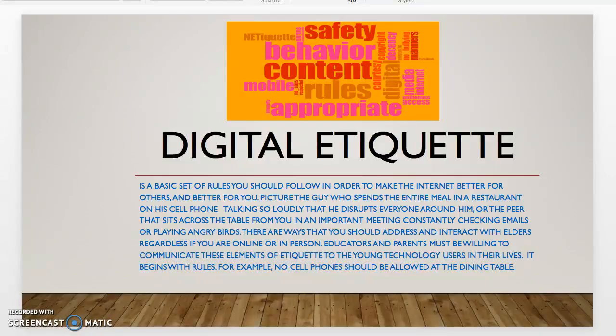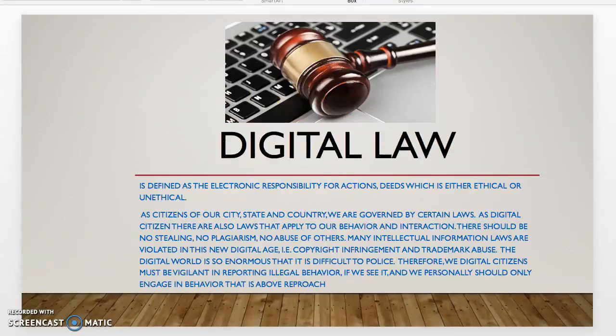Then we have digital law. Digital law is defined as the electronic responsibility for actions and deeds, which is either ethical or unethical. As digital citizens of our city, state, and country, we are governed by certain laws.